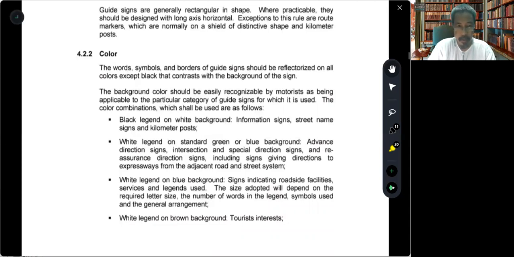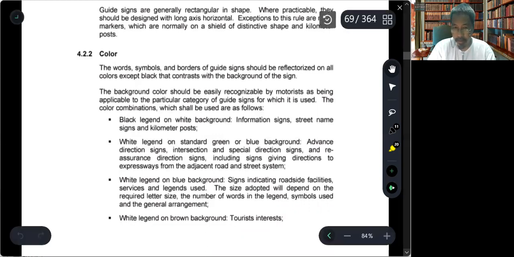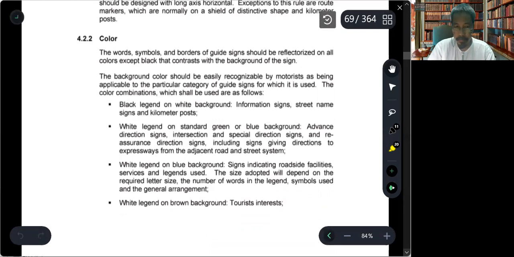Another set, white legend on blue background: signs indicating roadside facilities, services, and legends used. And the last one, white legend and brown background. Those are for tourist interest or tourist information.